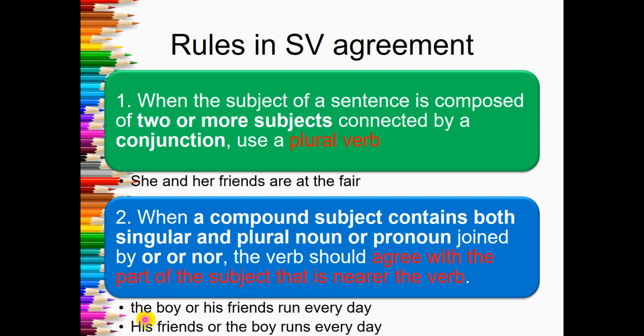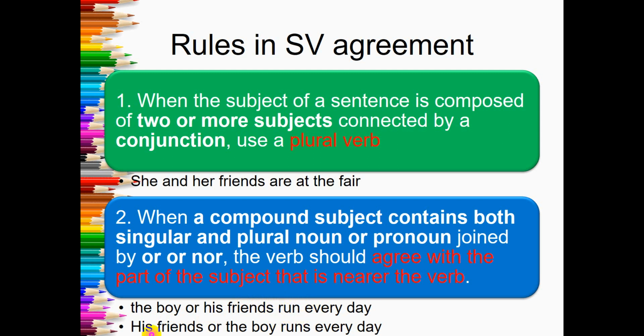The boy or his friends. The one that is closest to the verb is the word his friends. So his friends is considered plural, then we have to use plural form for the verb.